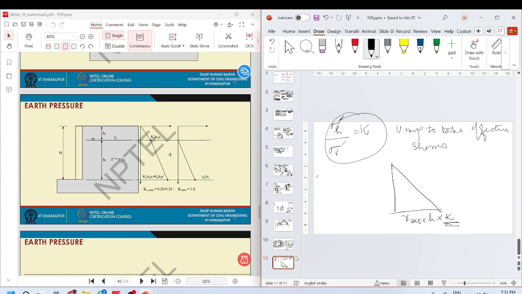But you know that water, because of its hydrostatic nature, has the same load in all directions. It will never be Ka times gamma W here.